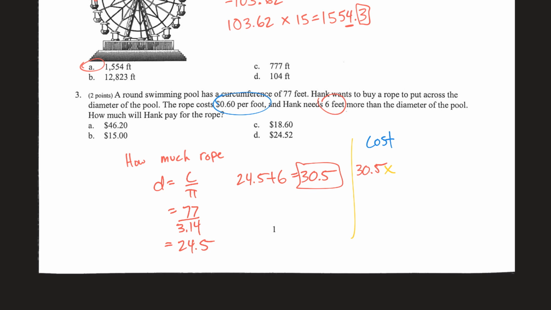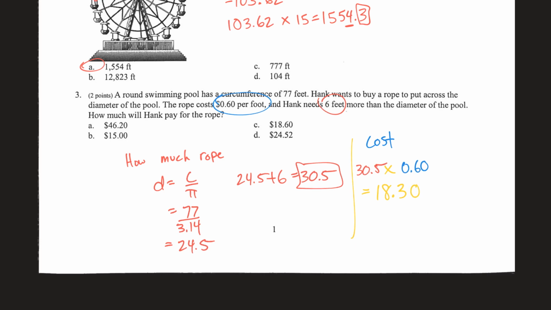So we have how many feet we need, and we multiply that by 0.60, and we get 30.5 times 0.6 is 18.3, or $18.30.